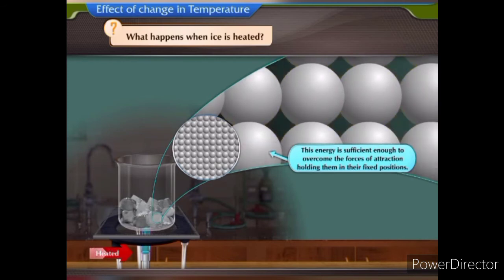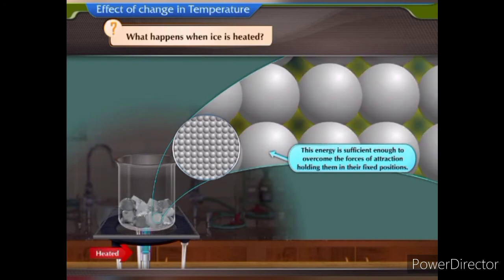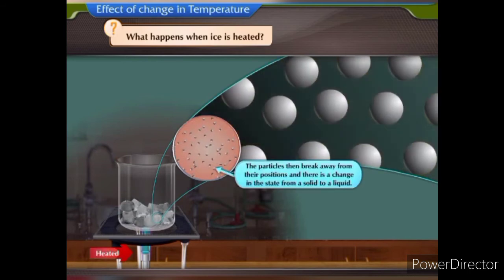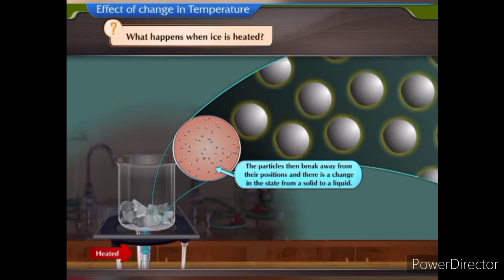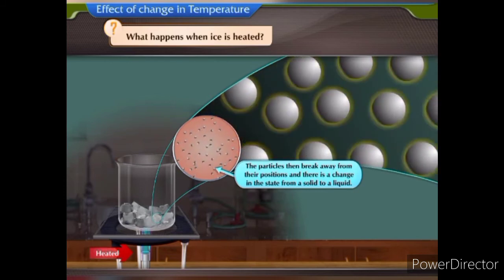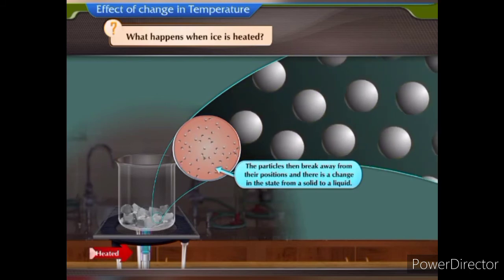This energy is sufficient to overcome the forces of attraction holding them in their fixed positions. The particles then break away from their positions and there is a change in the state from a solid to a liquid.